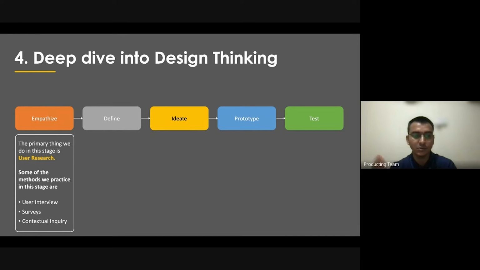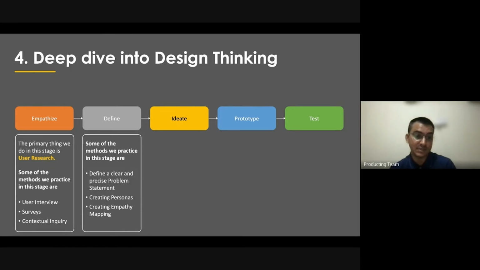And then we might also do a contextual inquiry. In a contextual inquiry, we go to the user's place, wherever he or she is working. We sit next to them and look at whatever they are doing. So that is contextual inquiry.